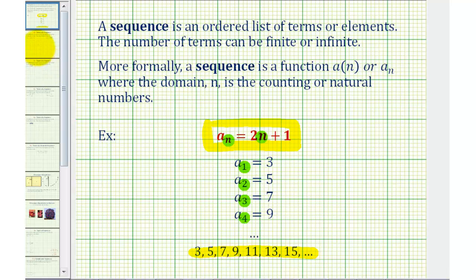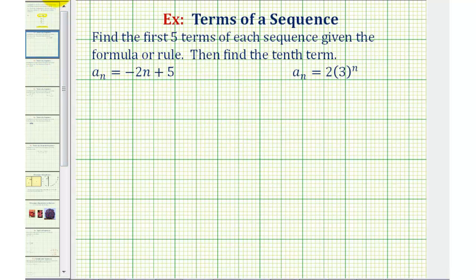So going back to our examples, if we want to find the first 5 terms and the 10th term, we need to find a sub 1, a sub 2, a sub 3, a sub 4, a sub 5, and also a sub 10. So to find a sub 1, we'll substitute 1 for n, and then evaluate the function or formula. For a sub 2, we'll substitute 2 for n. For a sub 3, we'll substitute 3 for n, and so on.